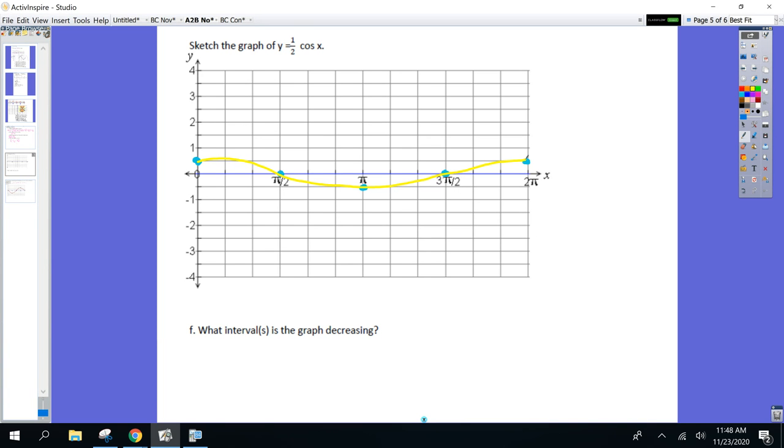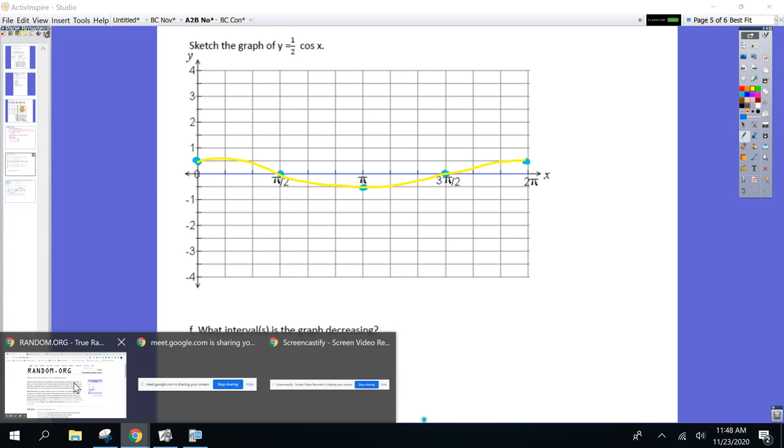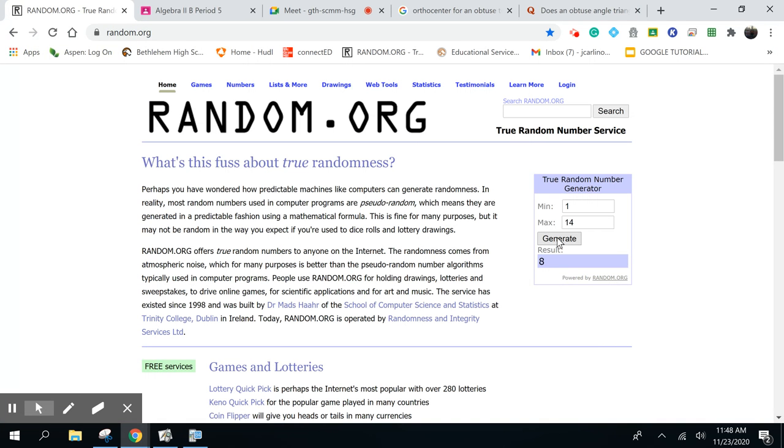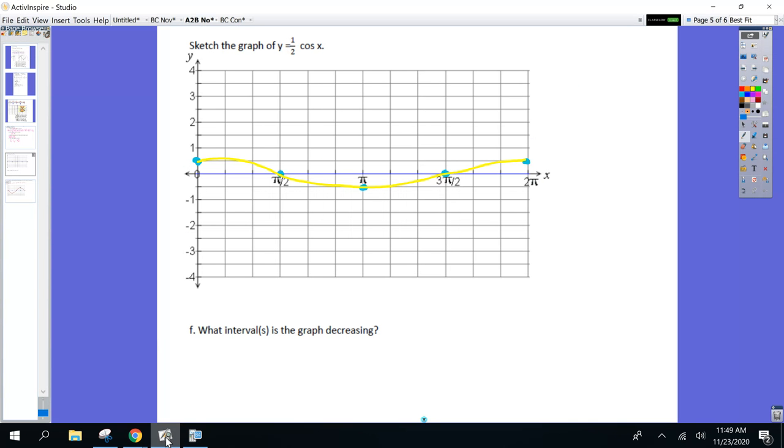And then finally, from what x value to what x value is this graph decreasing? Find out where it's going down for me. On the x-axis, from what to what? Colin, you got it? From pi/2 to pi.